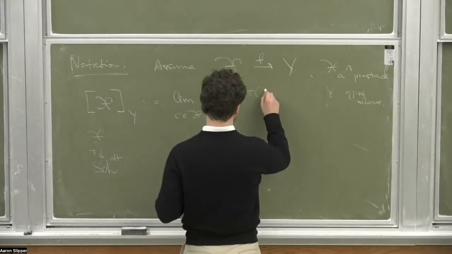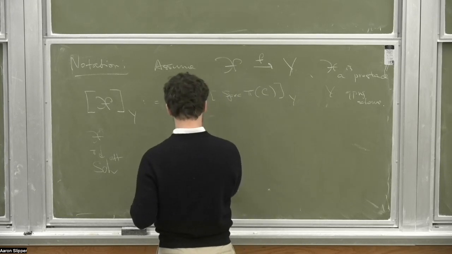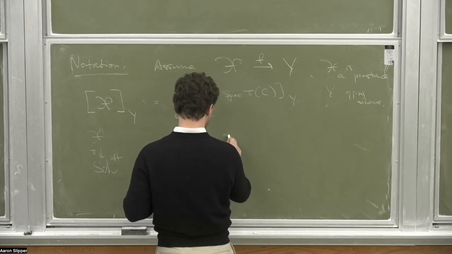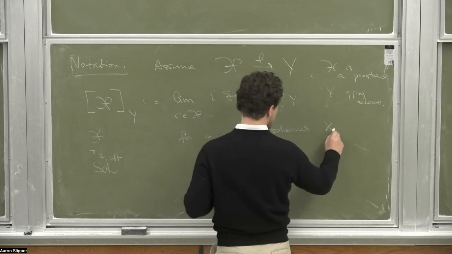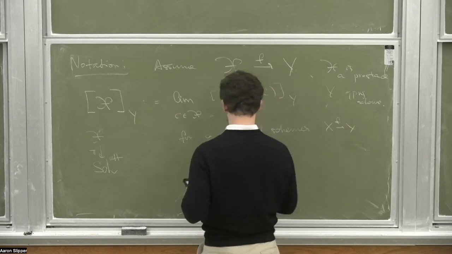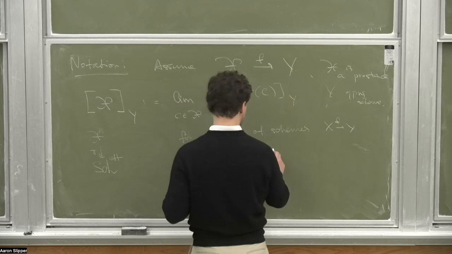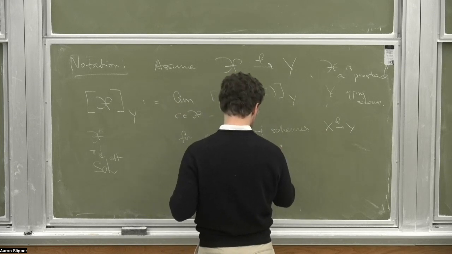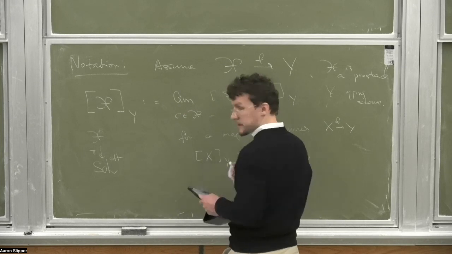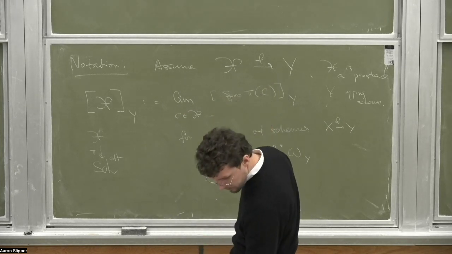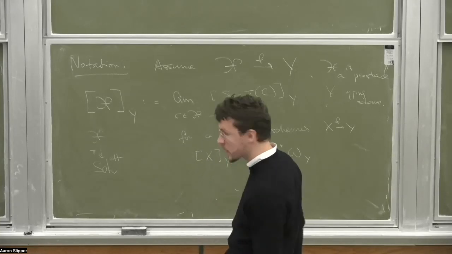So I can take this affine scheme and take the scheme over Y. By definition, the object is star pullback of omega.